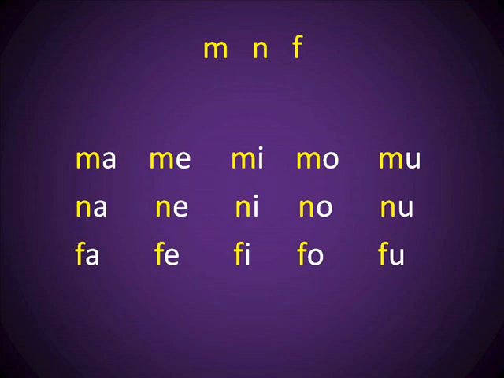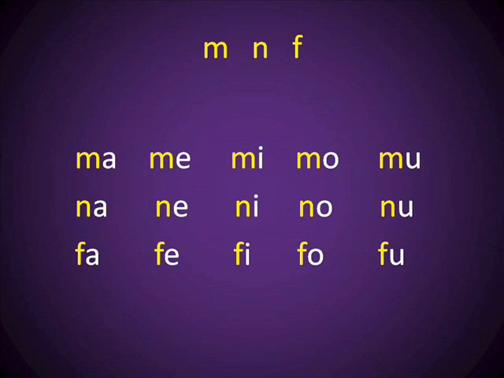Syllables are vital in Spanish. If you can figure out how Spanish syllables are pronounced, you can read any word in Spanish. So let's read. Ma, me, mi, mo, mu. Na, ne, ni, no, nu. Fa, fe, fi, fo, fu.